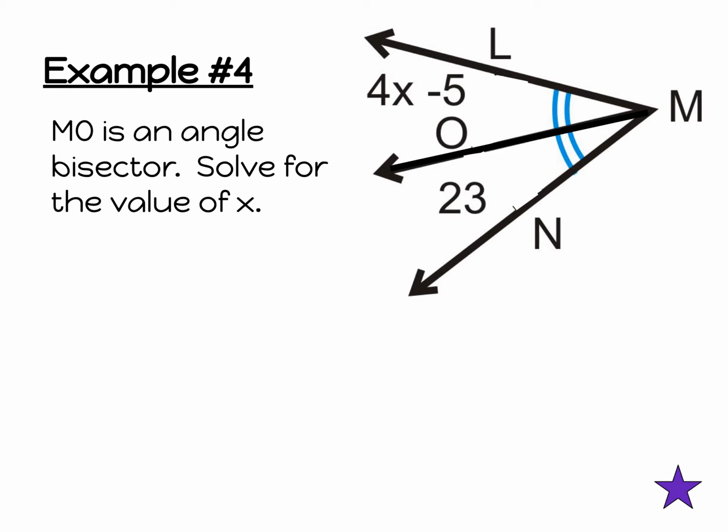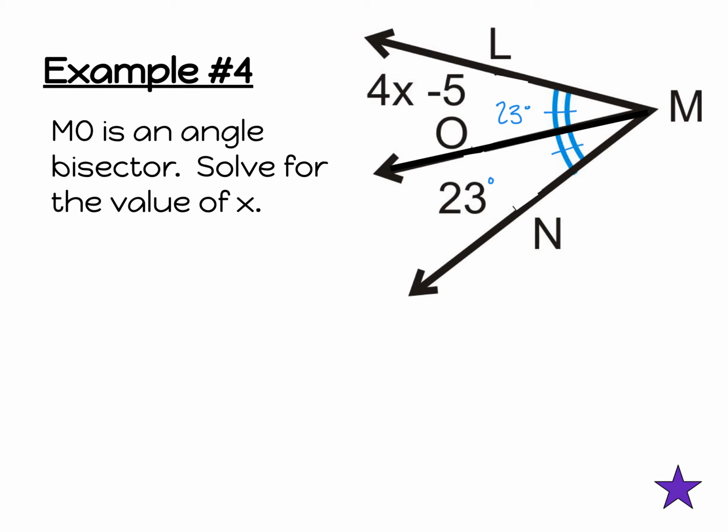All right, so in this case, it says MO is an angle bisector. So we can see here that we have congruent angles, right? This time they marked them with double arcs, but these two angles here are congruent. I want to solve for the value of x. So now, if my angles are congruent, that means they have the same measure. Okay, so if this bottom angle here is 23 degrees, then this angle here must also be 23 degrees.